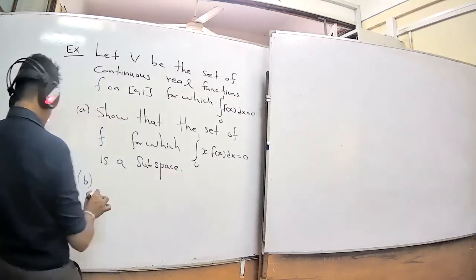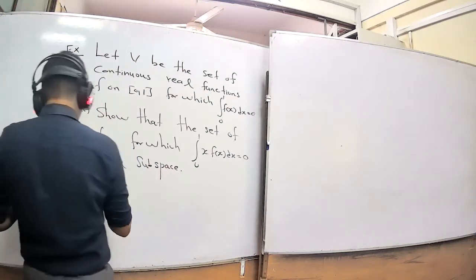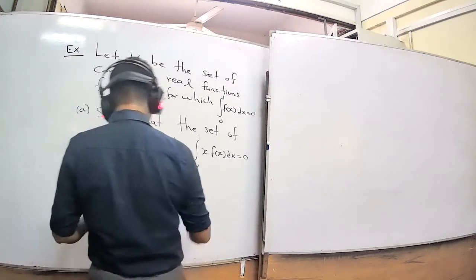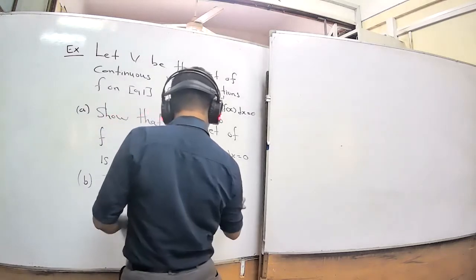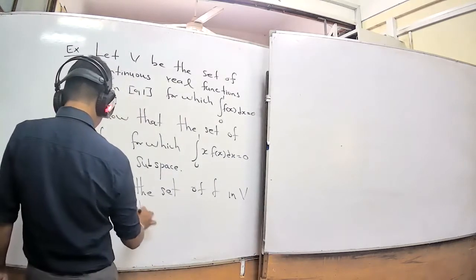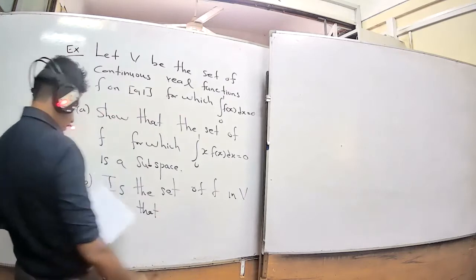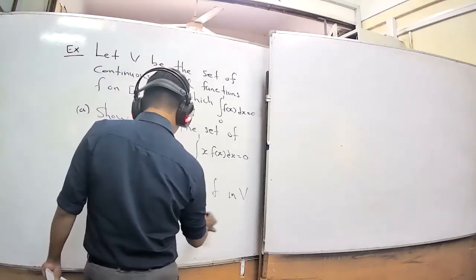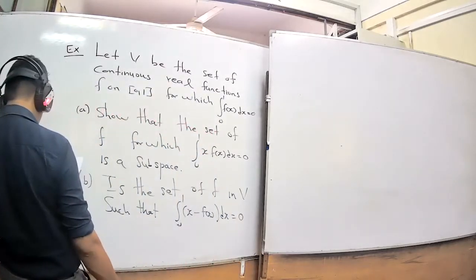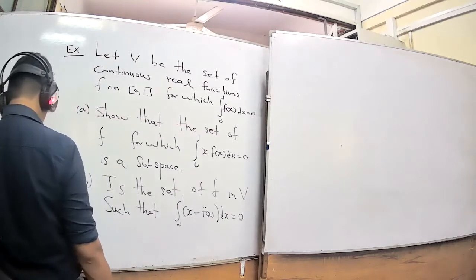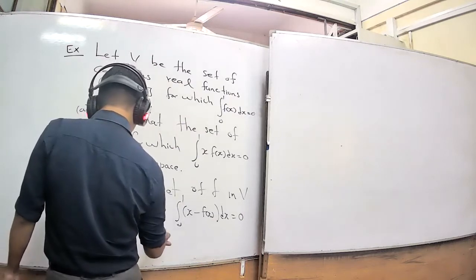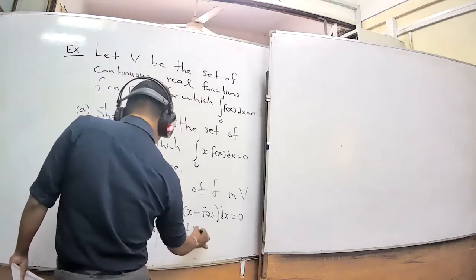Second part: the set of f in V such that the integral from 0 to 1 of (x minus f(x)) dx equals 0 is a subspace of V. They asked this question.